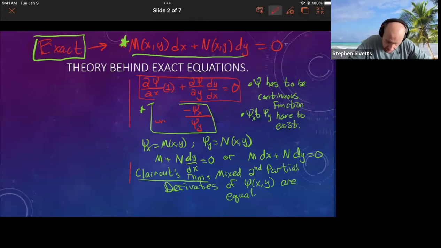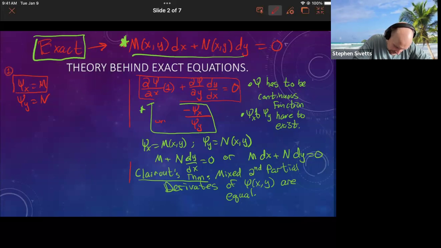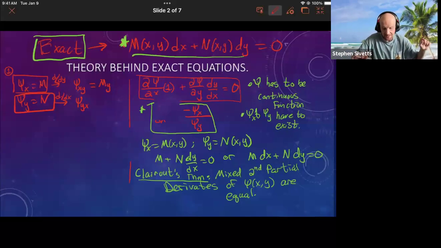So if we know that psi sub x is M, and psi sub y is N, then if I take the derivative of this function with respect to y, I have the second partial of psi with respect to x and then y, and that has to equal the partial of M with respect to y. Likewise, if I differentiate with respect to x, that is the same as taking the partial of N with respect to x.